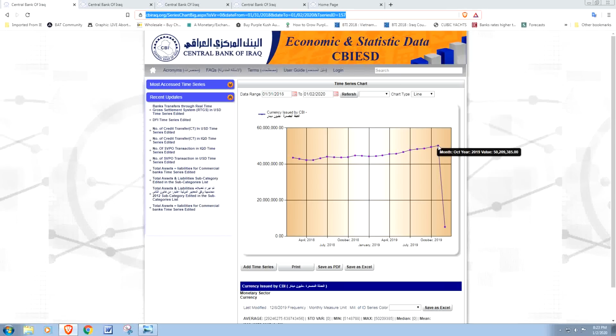But for the sake of this conversation, say that there's not 76 trillion dinars out there in circulation, there are technically somewhere around 50 trillion dinars in circulation. And then he showed me some other fun things on these charts. He says, so here you see it. The Central Bank of Iraq, as of October here, has issued approximately 50 trillion dinars.